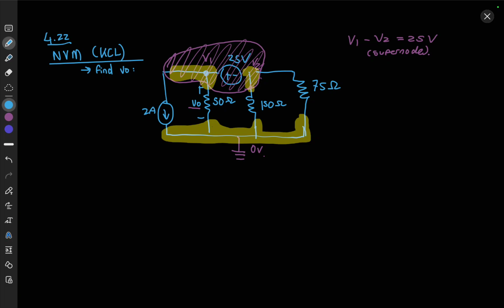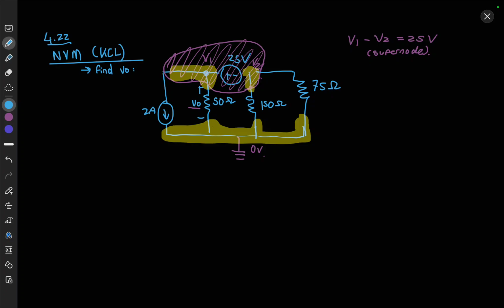So let's start. We're going to write our equation down, which is going to use Kirchhoff's current law. The node voltage method is based upon Kirchhoff's current law, which means the sum of all the currents going into the node is equal to the sum of the currents all going out of the node. So current going in minus current going out is 0, in other words.